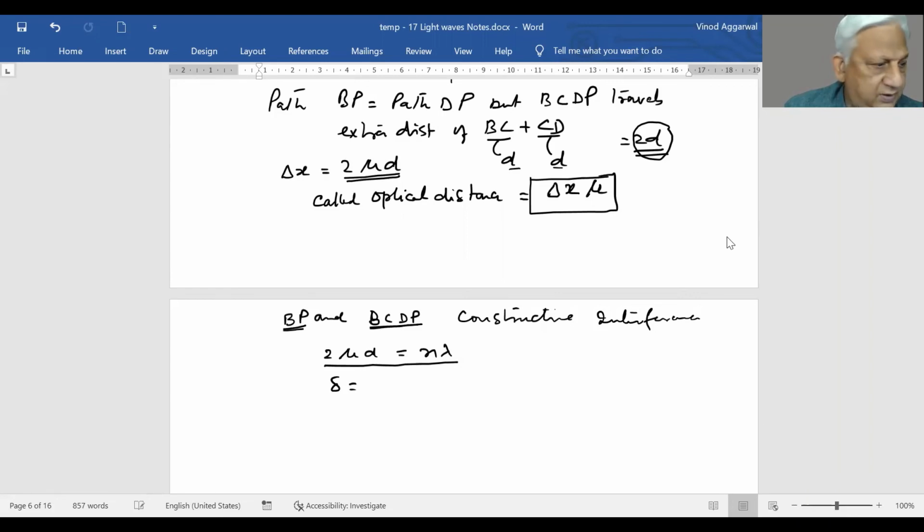or the path difference in terms of angle should be 2n pi, because when the difference is a multiple of 2 pi, it doesn't matter what trigonometric function you take. After 2 pi, the trigonometric function will repeat.